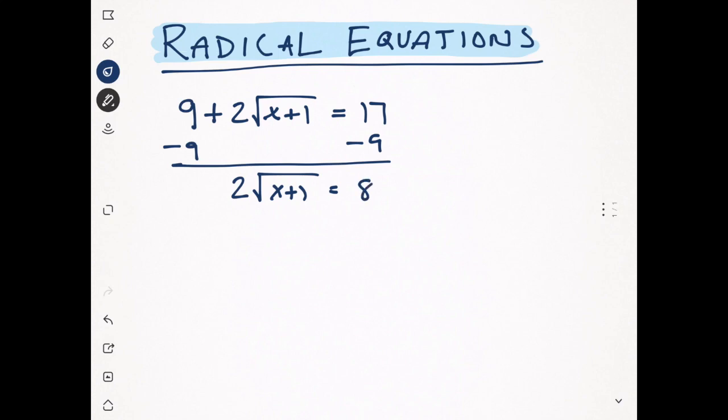And then we have to get rid of the 2, and we're going to divide both sides by 2 to get rid of that. So we end up with the square root of x plus 1 is equal to 4, which is now very similar to the equation that we just did because we have a radical by itself on the left-hand side and a number on the right-hand side. So again, we're going to square both sides of the equation.